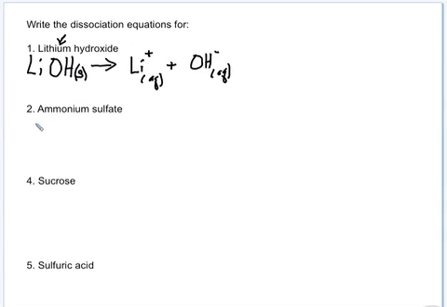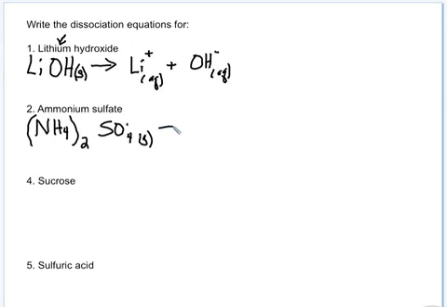Okay, so let's try ammonium sulfate. The first thing is we write the formula for it. So ammonium, which is +1, and sulfate, which is 2-, so the ratio is going to be (NH4)2SO4. Okay, so let's say that's a solid.